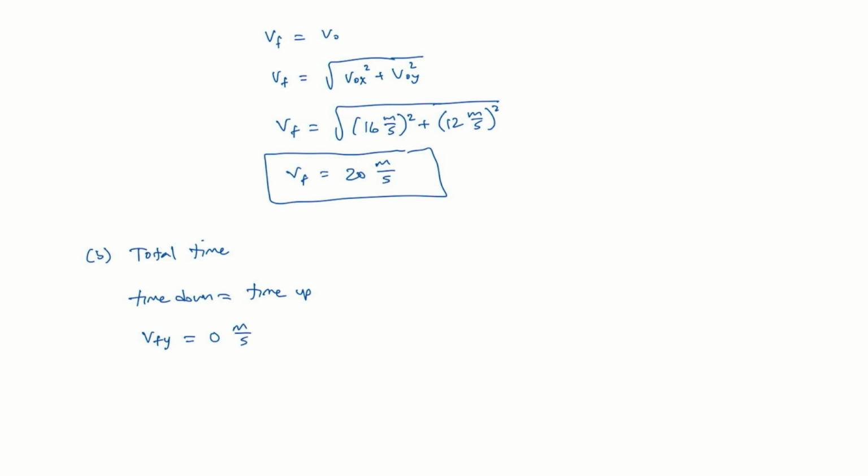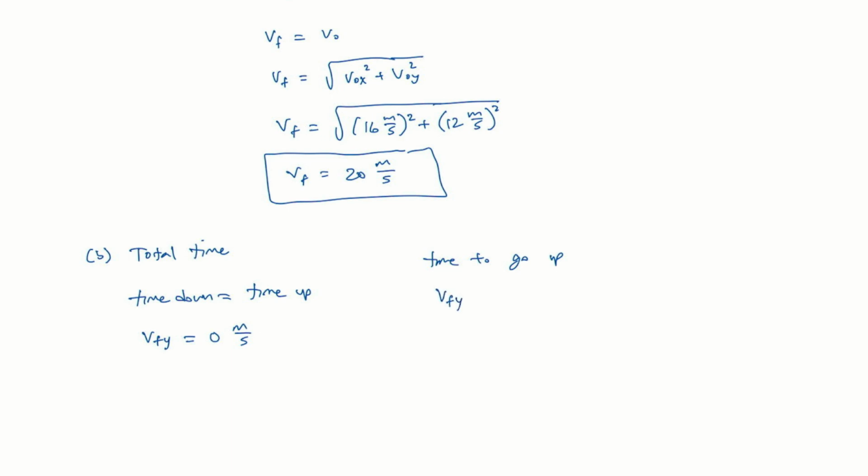And so highest point, also assuming same landing heights. And now we can find the time to go up. That will be the time to go down. We double that to get total time.